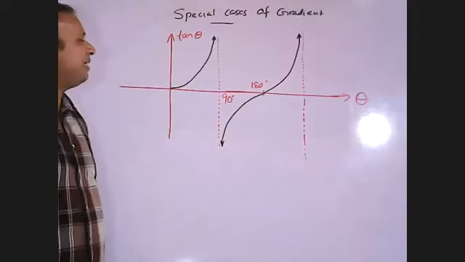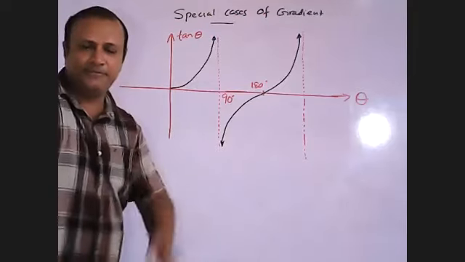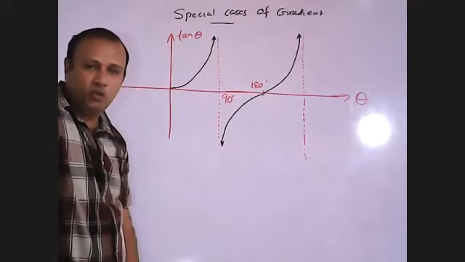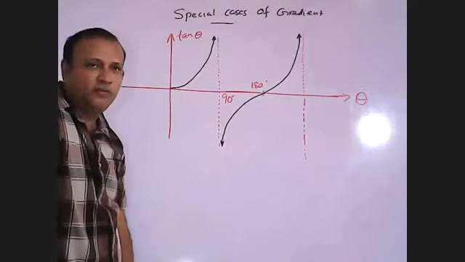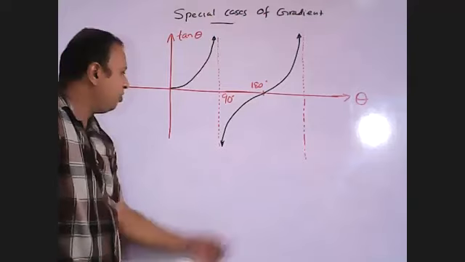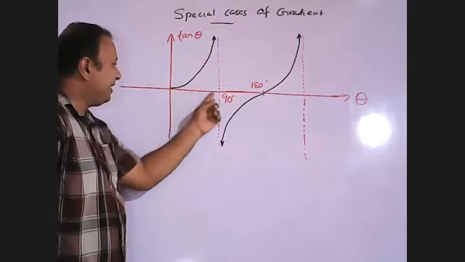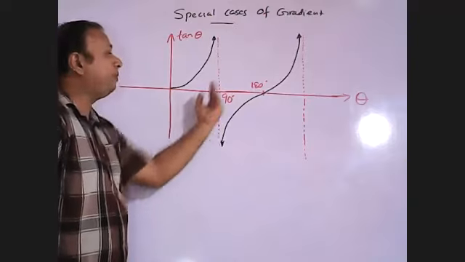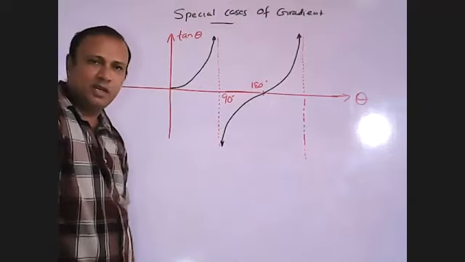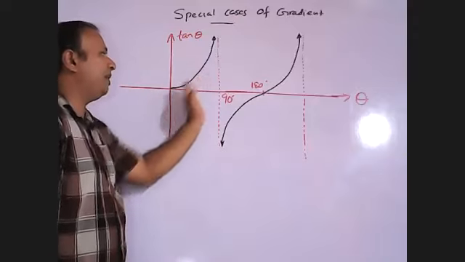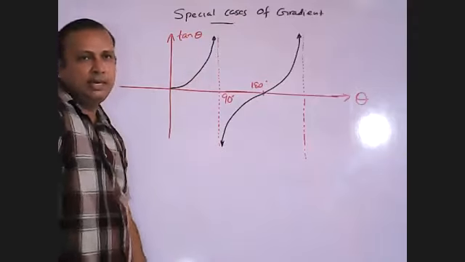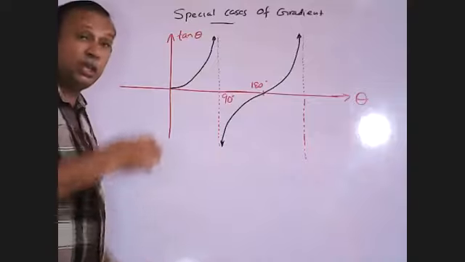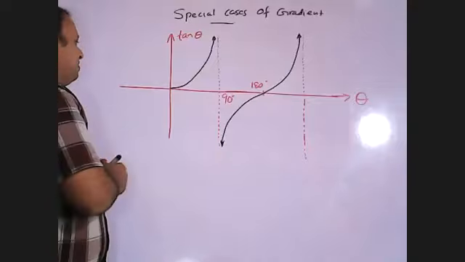At 90, it is a discontinuity of the graph. Therefore, we can consider the acute angle and the obtuse angle separately. So first we consider the acute region.